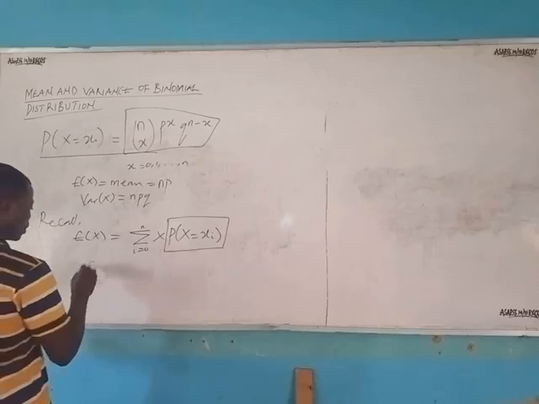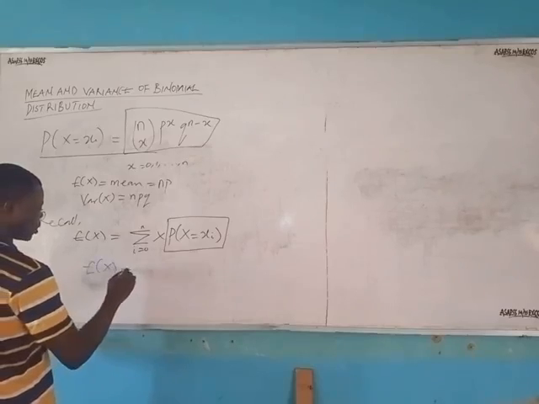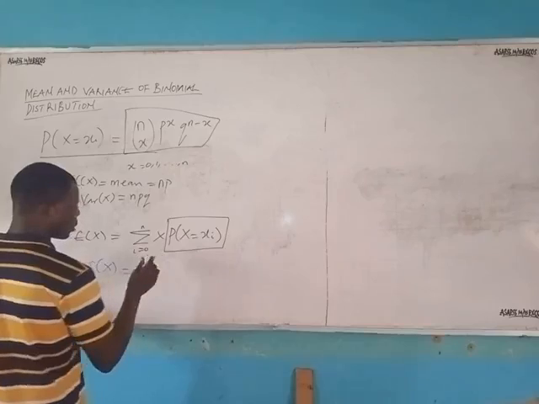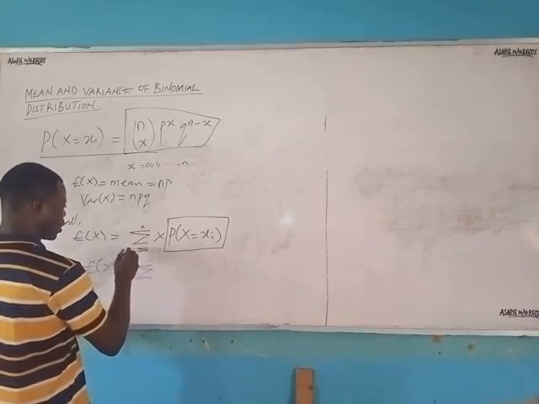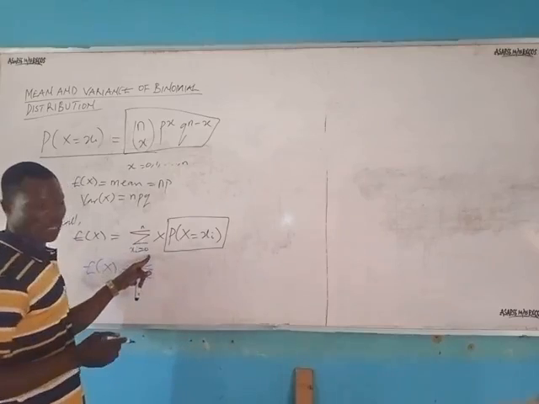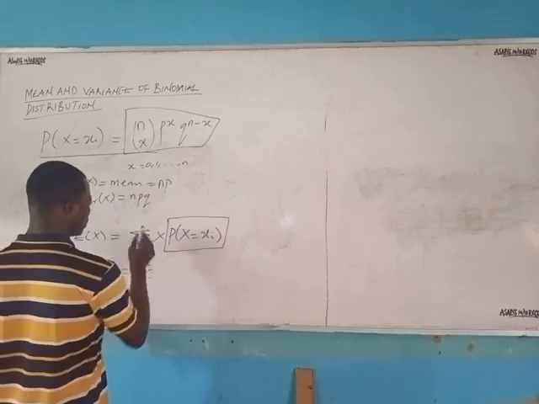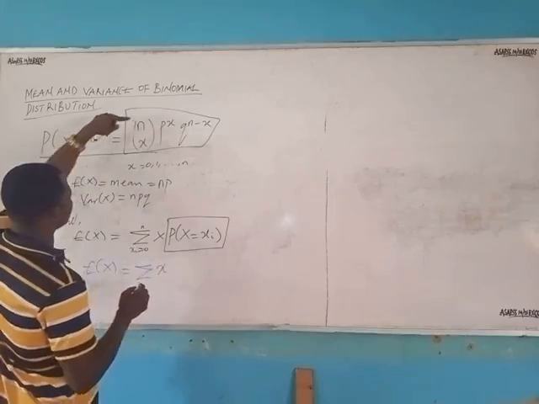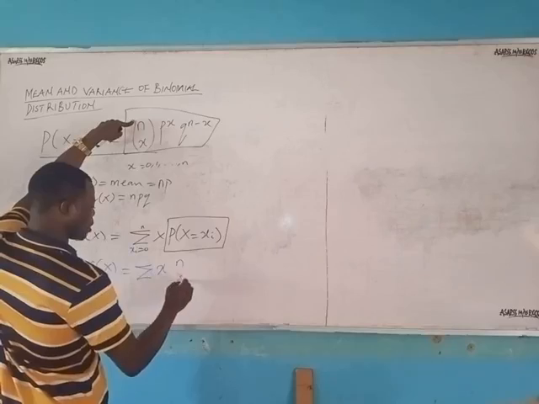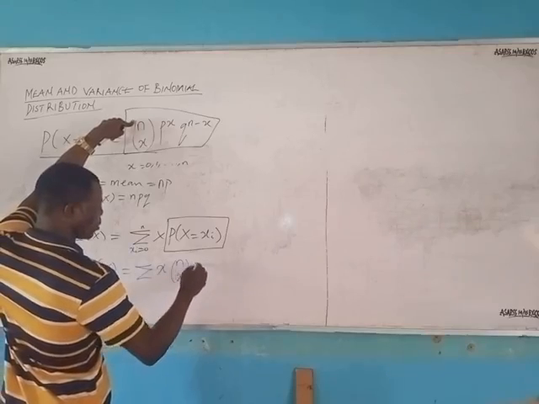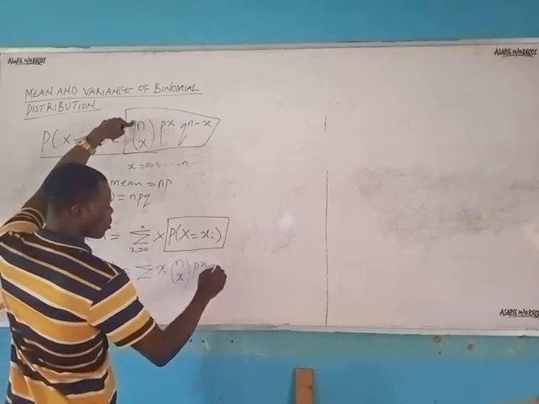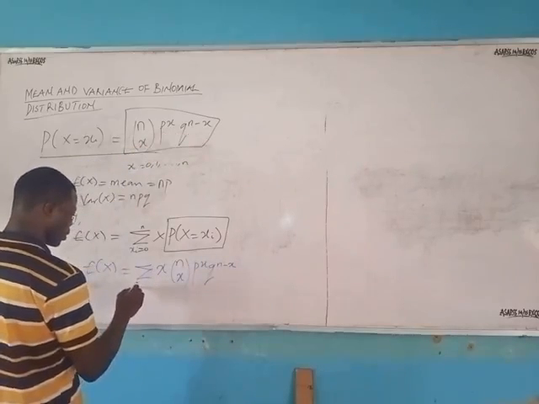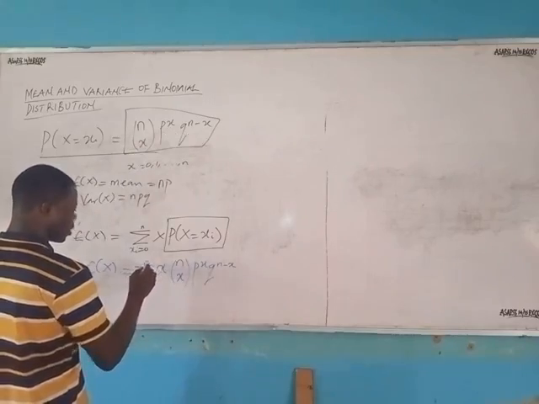So let's go there. Expected value of x is equal to summation of x, or let's change this to xi. We know that our xi is running from 0 to n. So we have x times n combination x, p raised to the power of x, q raised to the power of n minus x, where xi is from 0 to n.